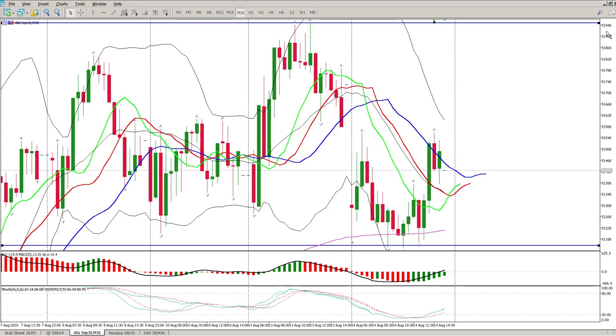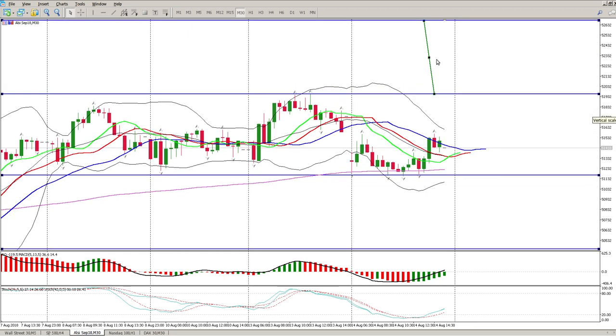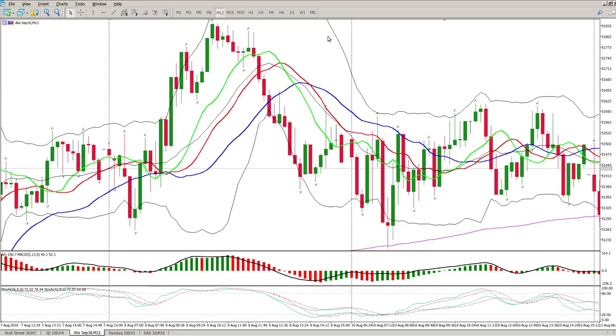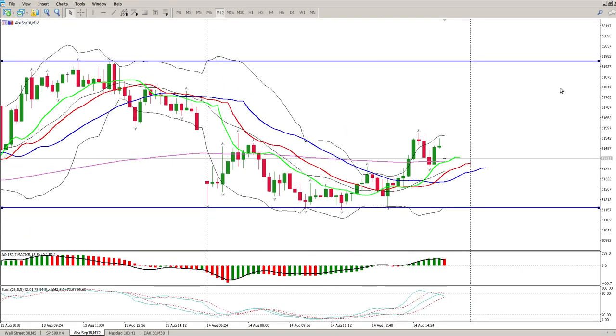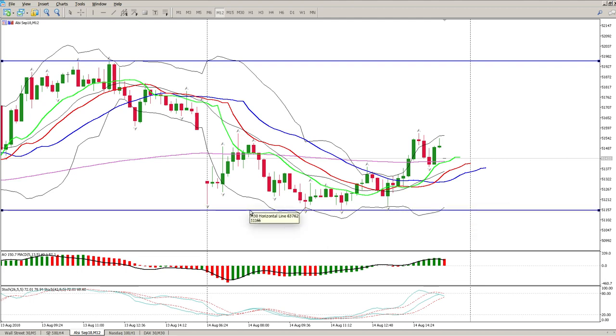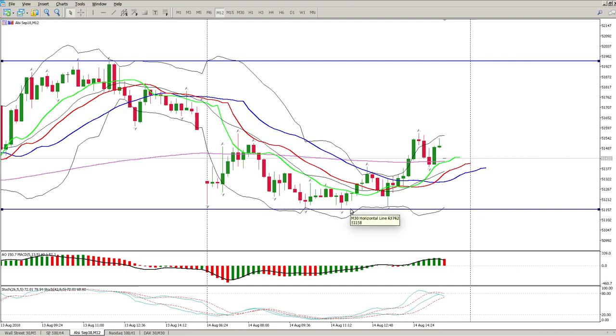That's the bigger picture I'm looking at, and for the smaller picture for today, first and foremost is to see whether we can find some support at 51160. We can bring it down a little bit more onto this tail here, and that is pretty much the area we're looking for.